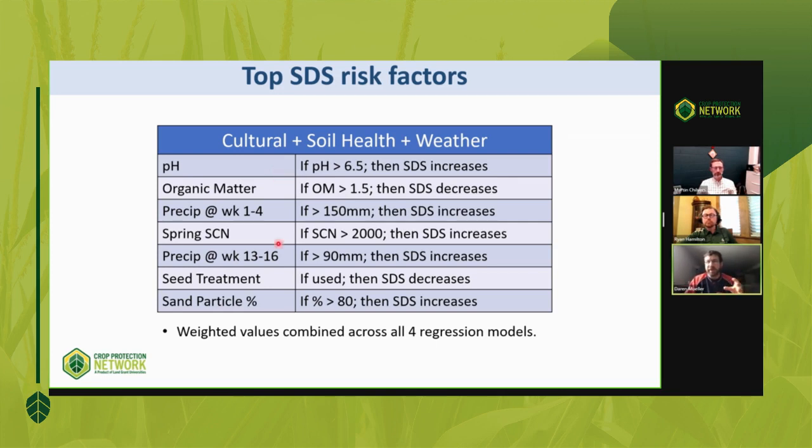But now the next step is we're going to go in and start analyzing all of those 123 locations with these things in mind. So looking at, okay, here's the 10 locations that have really high SCN. How did the seed treatments work? One of the things that we'll do is pull seed treatments out of the analysis, and then partition it back into these different categories.